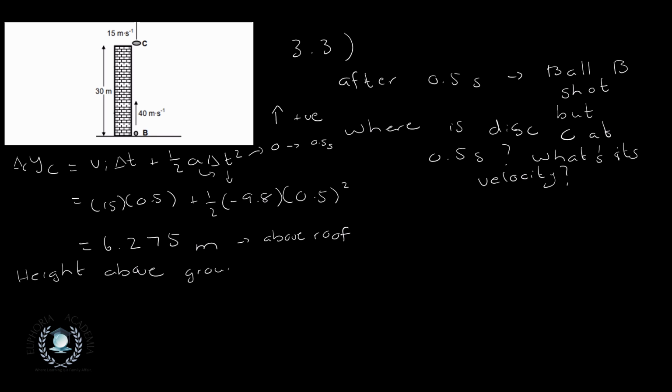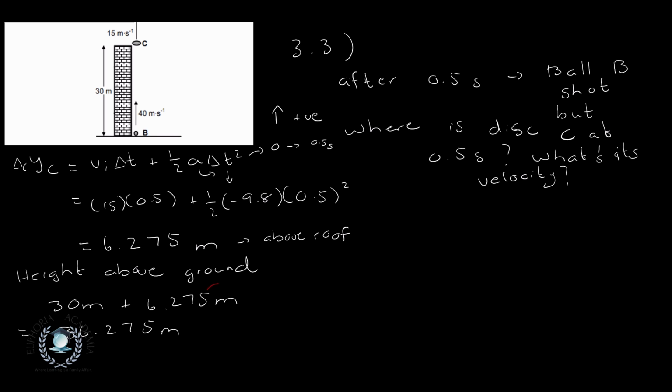Well, it's simply our 30 meters, the height of the building, plus the distance that we just calculated, which is 6.275 meters, and that is going to give us 36.275 meters. Right, now it's important to note the distinction here.